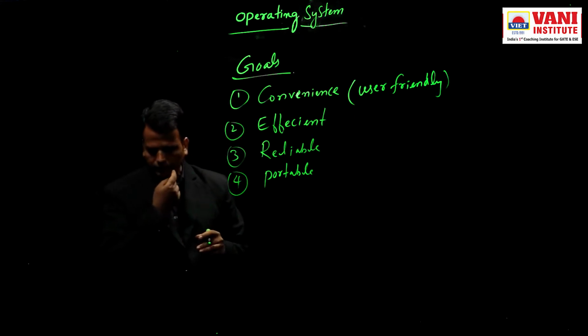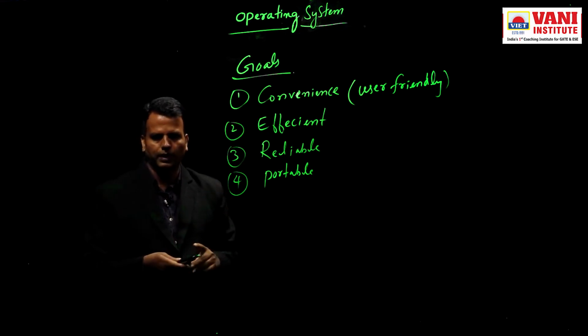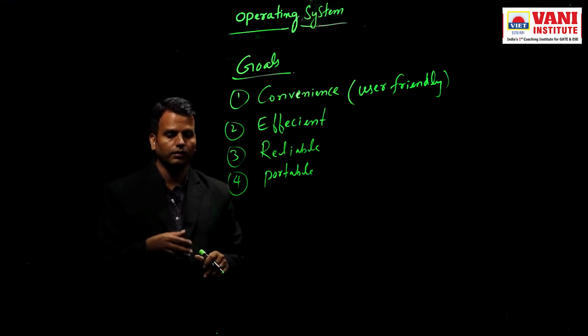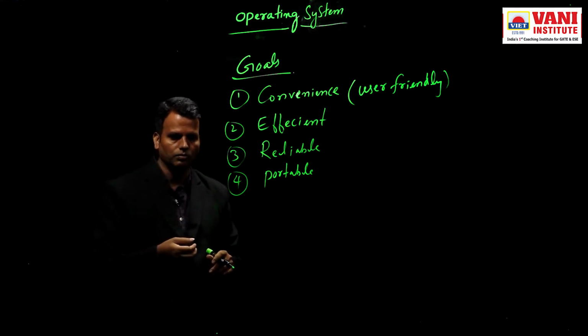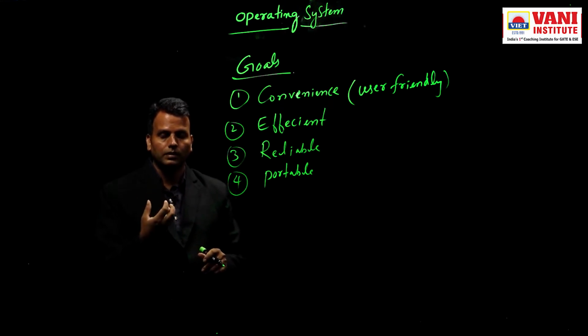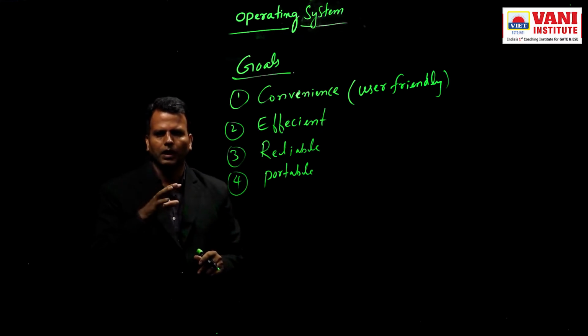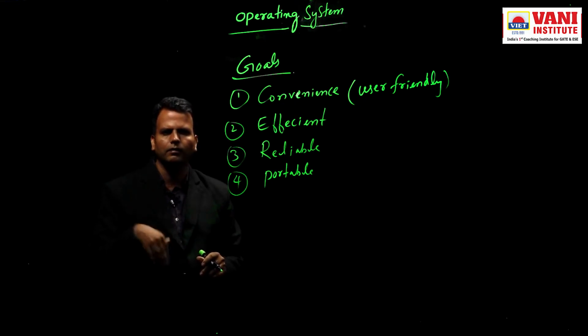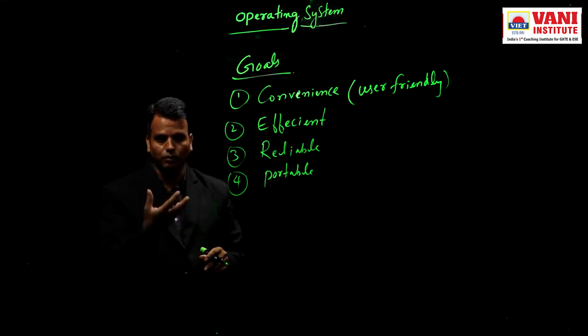Suppose you give a mobile phone to a child, even a 1-year-old child. He will open your mobile, go directly to YouTube and see whatever he wants to see. A 1-2 year old child.